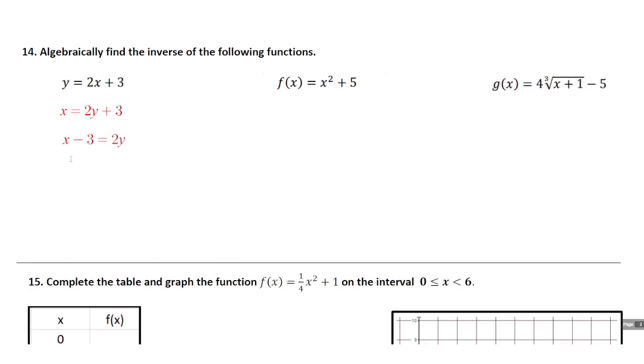And then divide everything by 2. 1 divided by 2 is 1/2. 3 divided by 2 is 3/2. So the inverse of y, it's kind of interesting that this is not using function notation here, so we don't want to just inject that. I think I'm just going to say inverse of y like this. This is pretty unconventional, but I think it'll work.